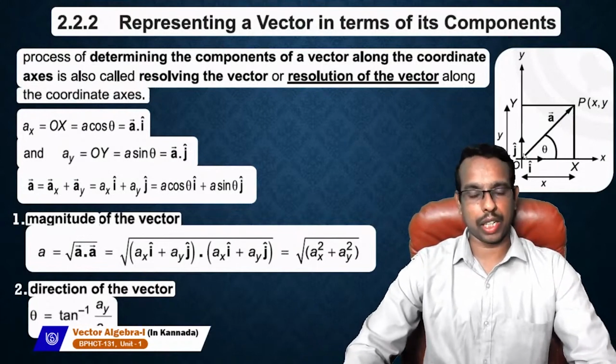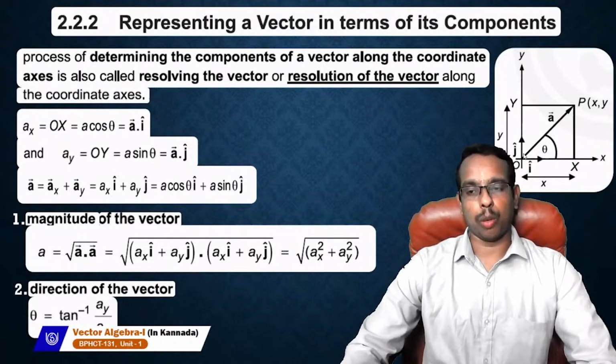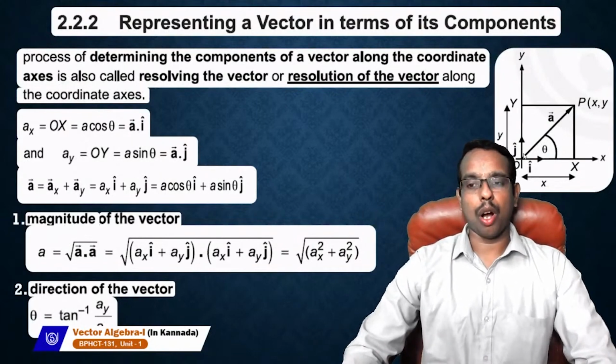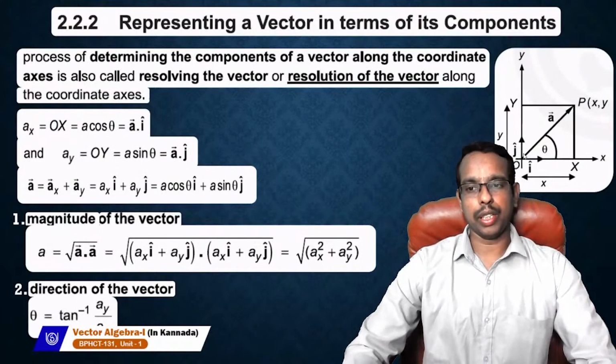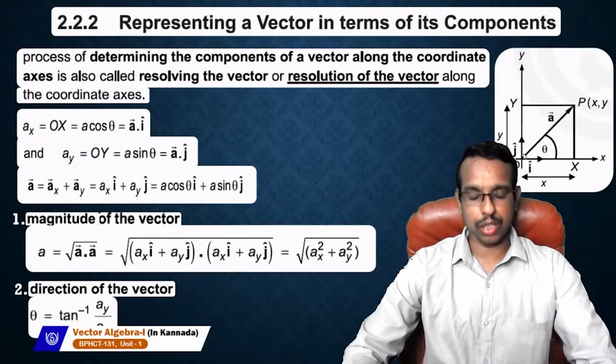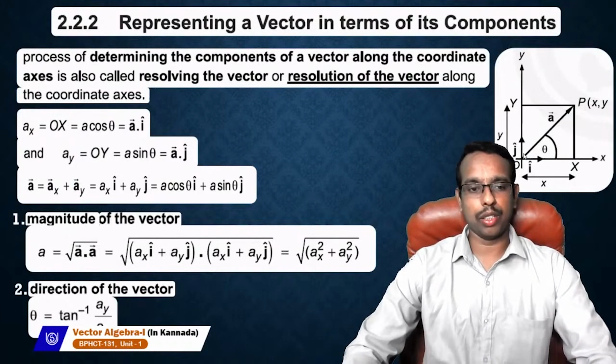Then using trigonometric functions sin theta and cos theta, you finally get a is equal to a cos theta i cap. A cos theta is the projection of the vector a along the x-axis, and a sin theta is the projection of the vector a along the y-axis, and i and j are the unit vectors which specify the direction along x and y.